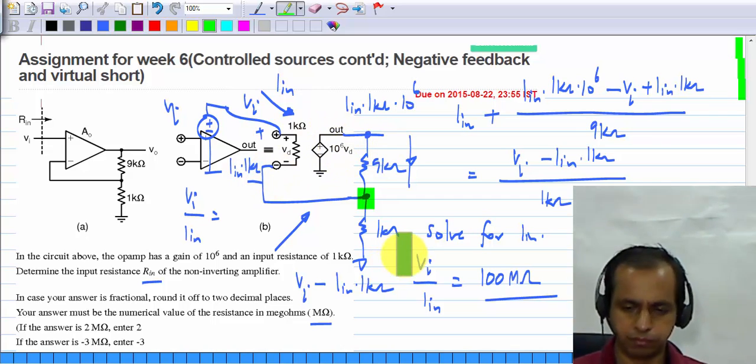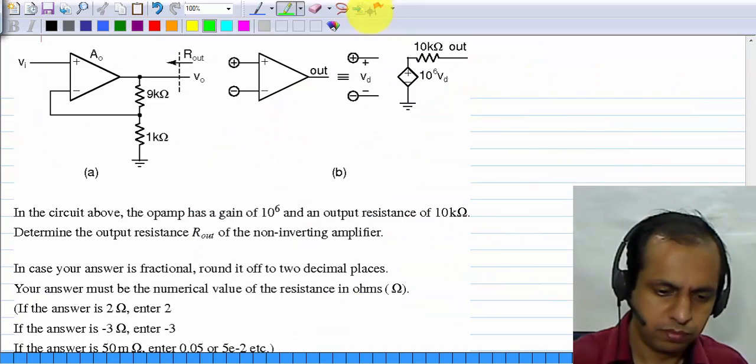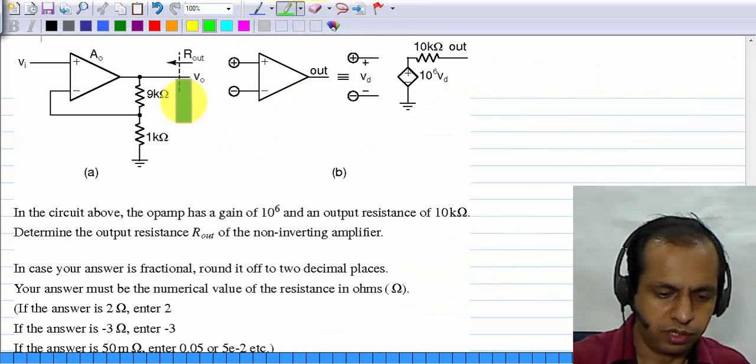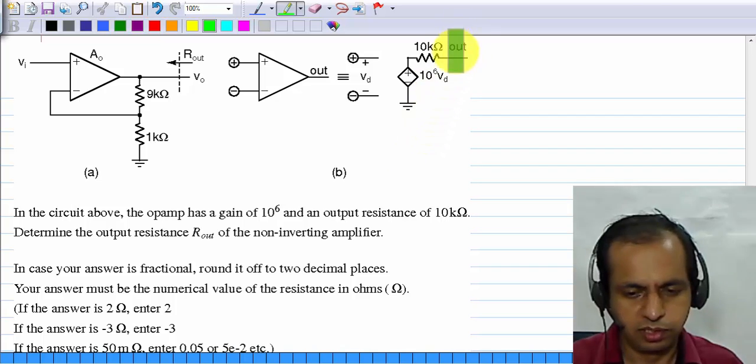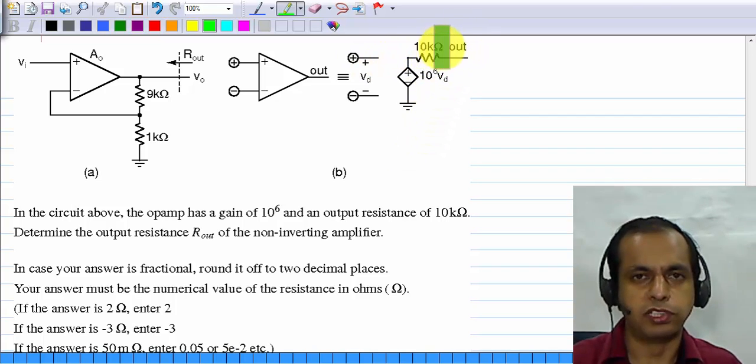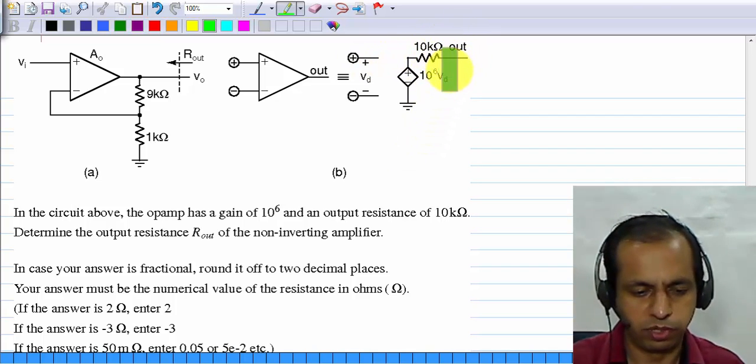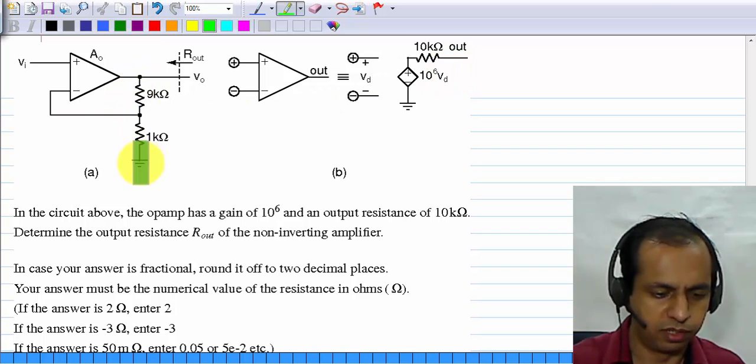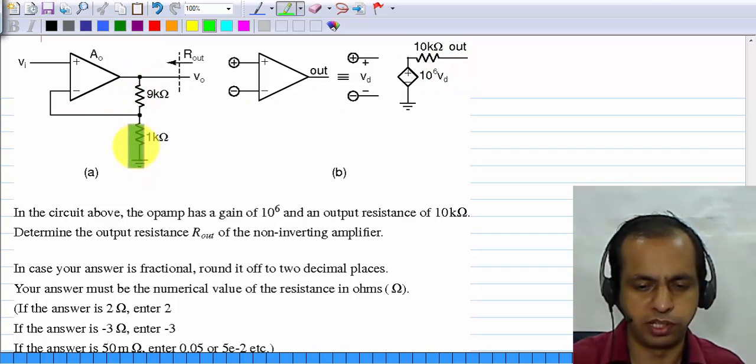Okay, and here is another similar problem. In this case, the op-amp has an output resistance of 10 kilo ohm, which again looks very poor, because the load that is connected to it also has 10 kilo ohm, but it has a gain of 10 to the 6.